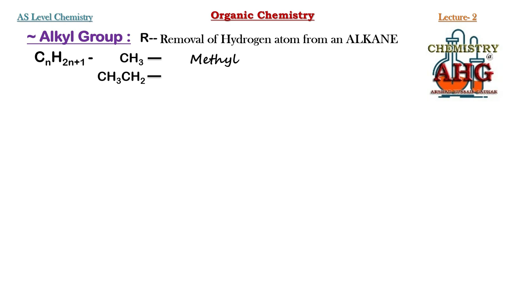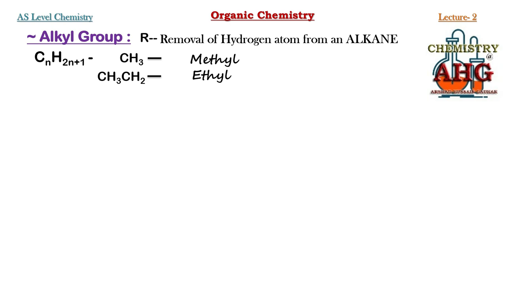Since it has two carbons, it is eth, and the ending would be "-yl", so it is known as ethyl. So remember, the first member of the alkyl group is methyl, the second member is ethyl. Now you can guess the name of the third member. It would be propyl, fourth member butyl, pentyl. So these are the members of the alkyl group: methyl, ethyl, propyl, butyl, pentyl.